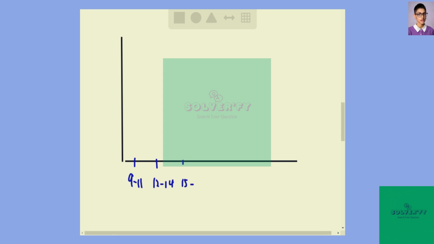Next one is 15 to 17. And then 18 to 20. 21 to 23. And last one, 24 to 26. Okay, and the frequency table, frequency here, 20, 18, and 7. It's not really good. 7 here, and 2 is here, and 1 is here.